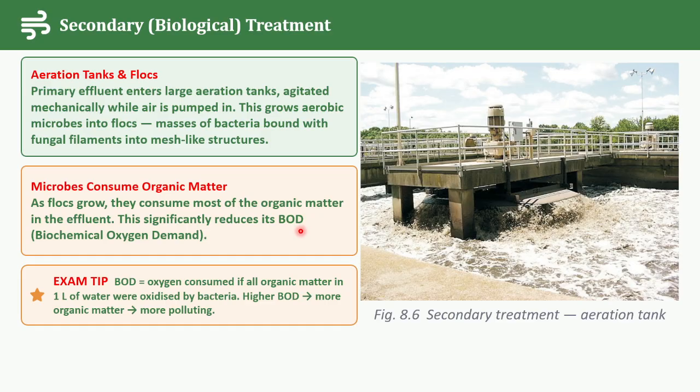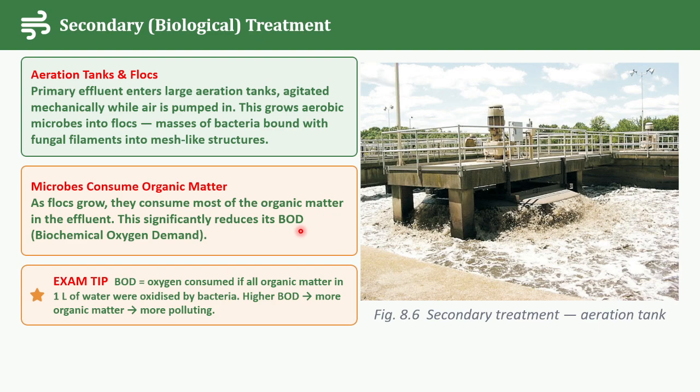In your book, they have defined it in terms of the oxygen that would be consumed if the organic matter in 1 liter of water were oxidized by bacteria. So high BOD means high pollution potential, and low BOD means less pollution potential.